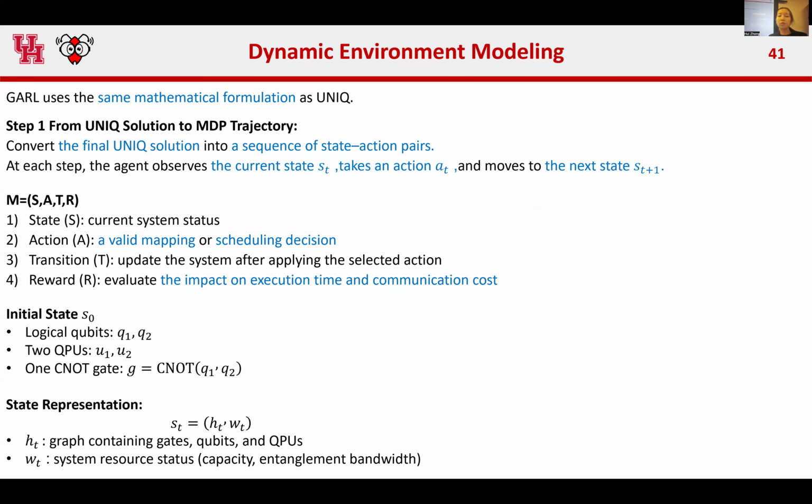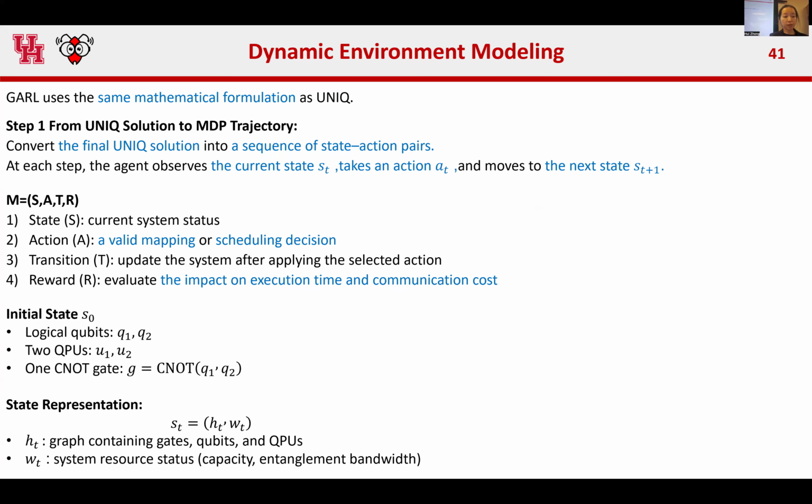I will give you an example to better understand the MDP trajectory. Assume we have an initial state S0, and we have two logical qubits, Q1 and Q2, and two QPUs, U1 and U2. Here is one CNOT gate between the two logical qubits.